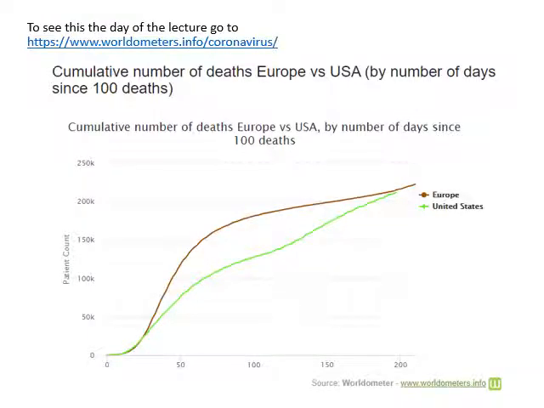Here is updated information about the coronavirus from September 30th, 2020. And you can get online if you want to see updated information. These are the cumulative number of deaths in Europe, which is in brown. It's this top line, so the number of deaths from day 0, the first day that the virus was detected.